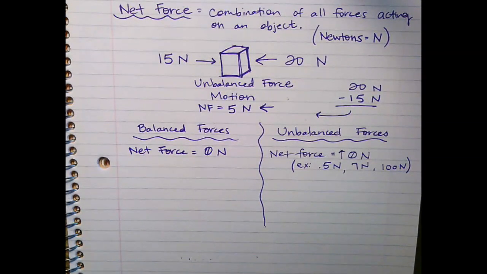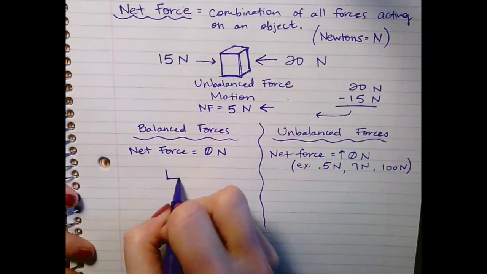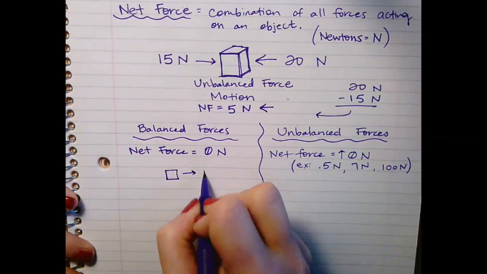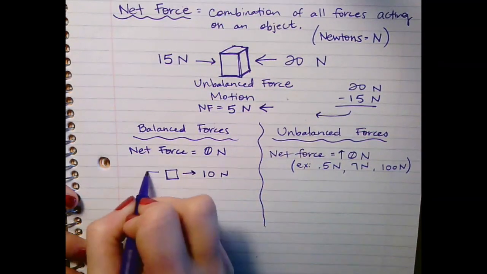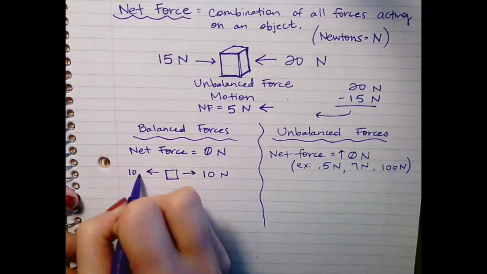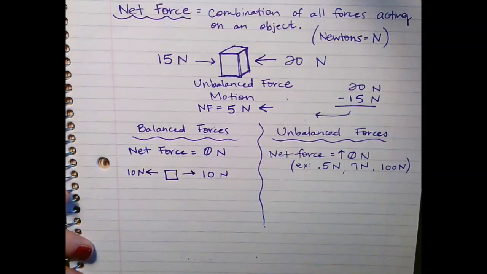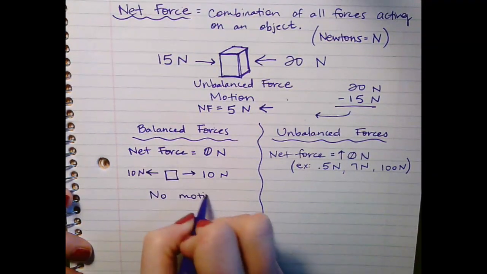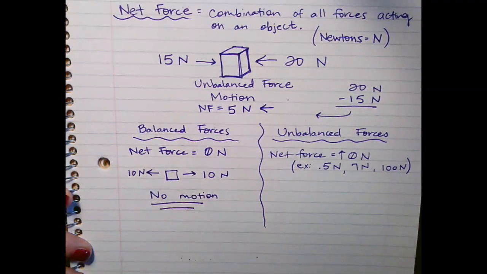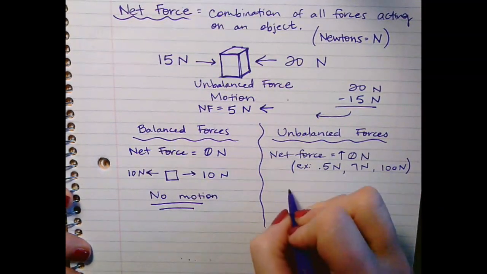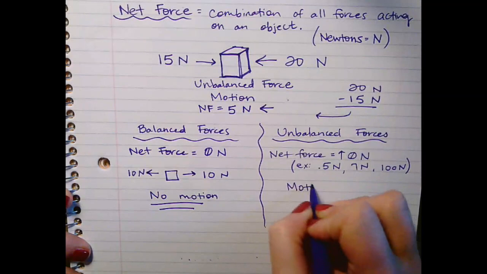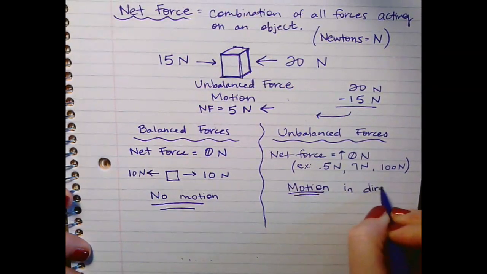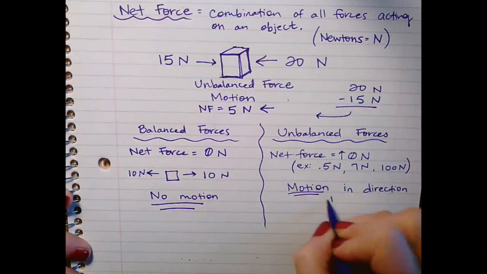What would happen is when we have a balanced force, an example of that would be if someone was pulling on a box with 10 newtons, and somebody on this side was pulling with 10 newtons, we know that that would be balanced. So what happens is there would be no motion as a result of that force, where with unbalanced, there will be motion caused in the direction that is stronger.